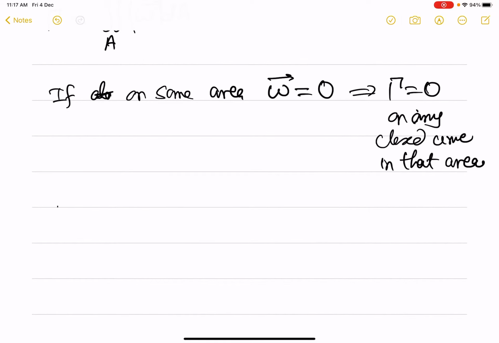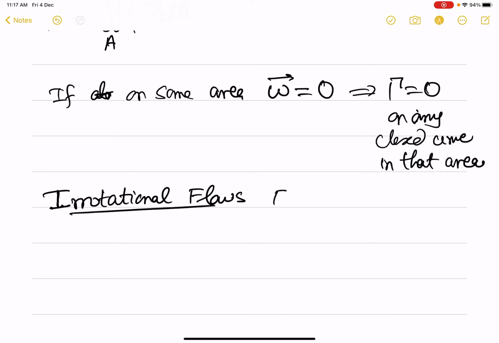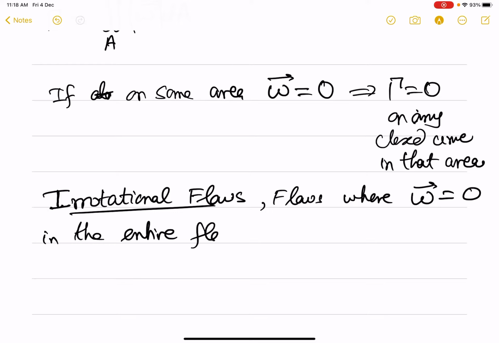Next we define a class of flows called irrotational flows. Irrotational flows are those flows where omega is equal to 0, or vorticity is 0, in the entire flow domain.